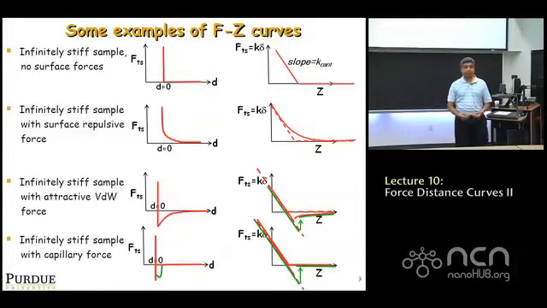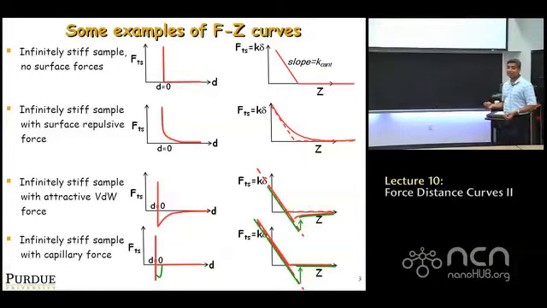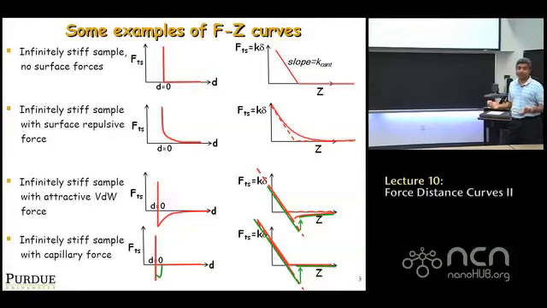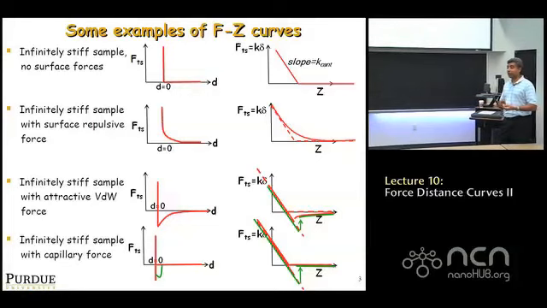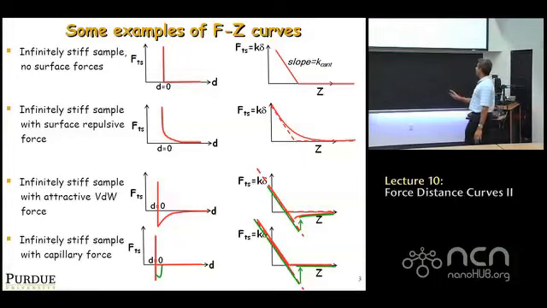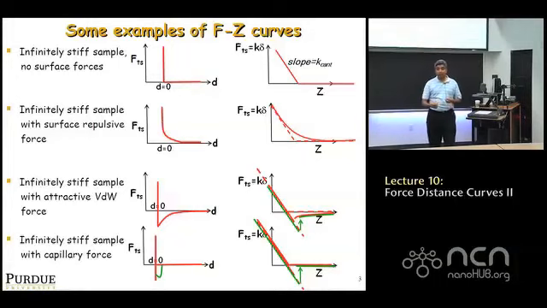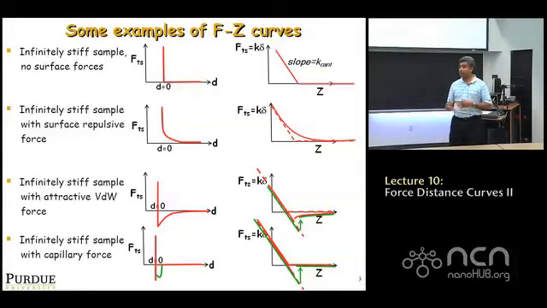This is what I mean that you can have two different FDs that give you the same FZ, effectively. And this is where you have to use your experimental knowledge to say that, well, I did my experiments in 0 relative humidity, so this is completely ruled out. So if I do get a hysteresis there, it must be due to van der Waals forces. If you don't use your experimental knowledge to sort it out, you cannot tell the difference, what caused the hysteresis, okay?